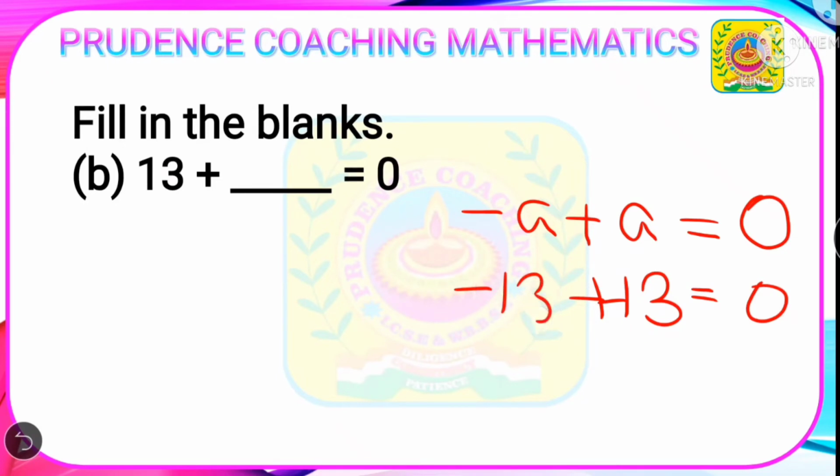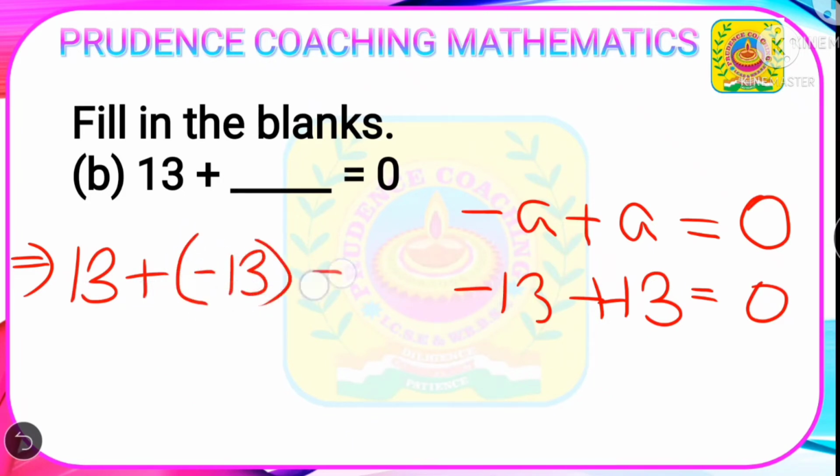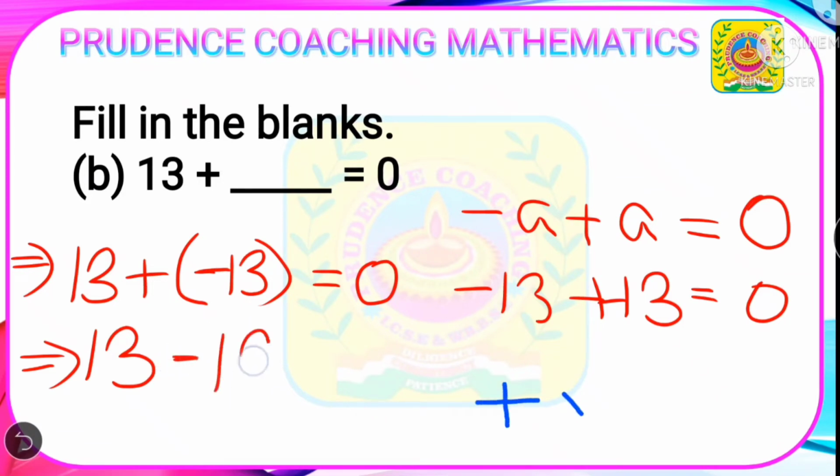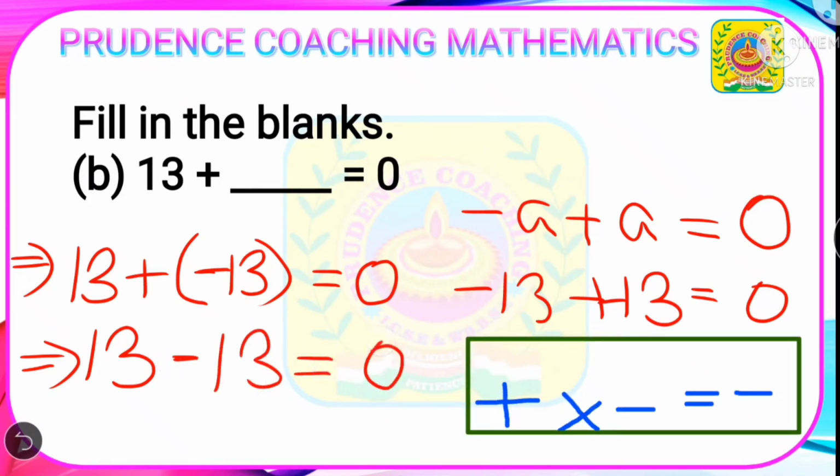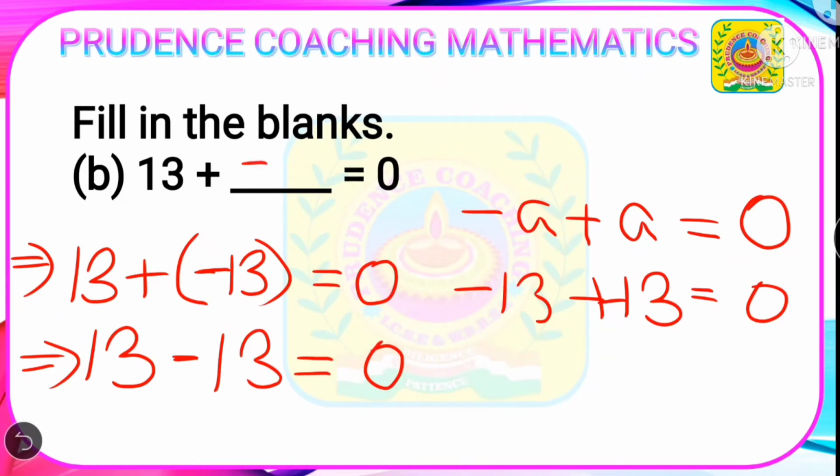Within the bracket you will write the answer like this: 13 plus, within the bracket, minus 13 equals 0. As the positive sign is already given, you need to write the negative, because by solving this you will ultimately get 13, and positive and negative within the bracket will give you minus, so 13 minus 13 equals 0. So here your answer will be minus 13 within the bracket.